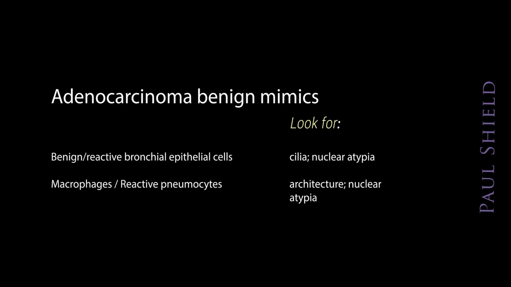Just in summary, the benign mimics that can occur include reactive cases, reactive glandular cells, so looking for the presence or absence of cilia is very important in those cases. The other thing I mentioned, particularly in sputum with well-differentiated adenocarcinomas, is that they can look very macrophage-like.